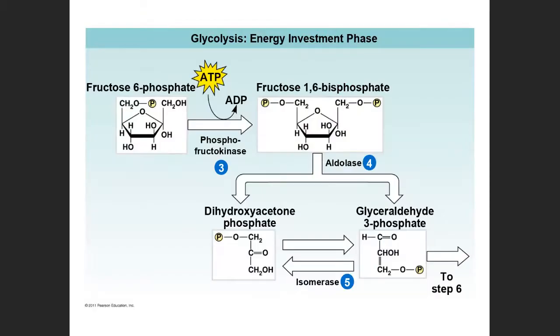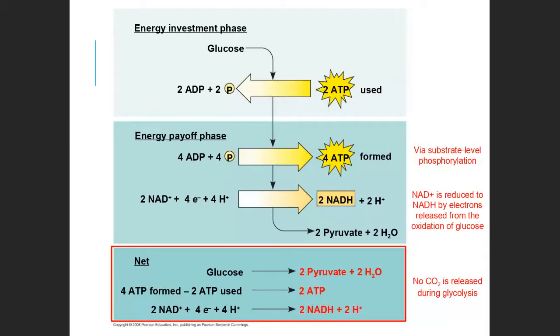So in the end, net, I produce 2 pyruvate per molecule of glucose. I produce 4 ATPs minus the 2 that I used, so it's 2 ATPs net, and they produce 2 NADH.